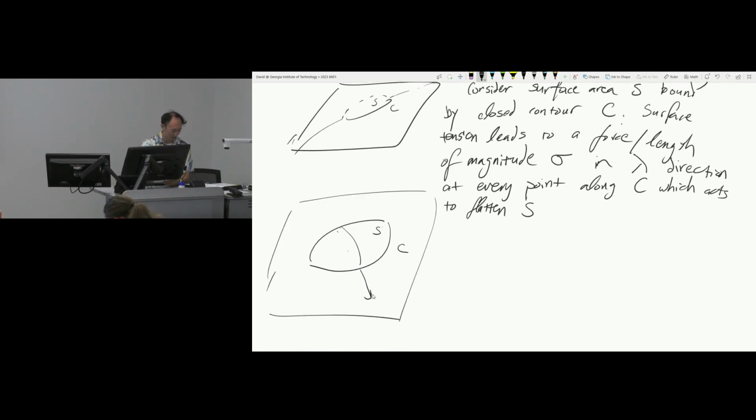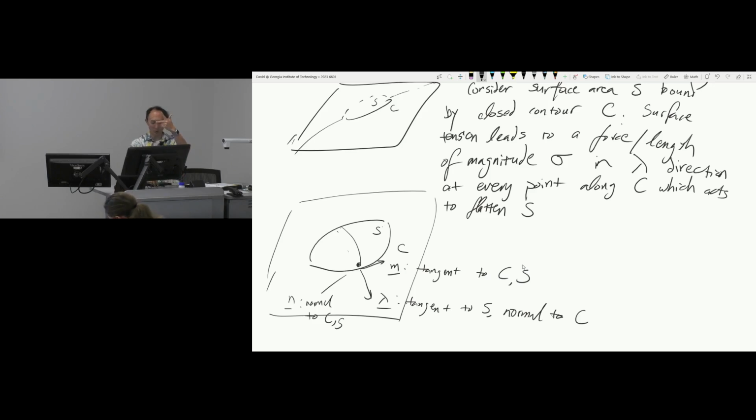There's lambda, which is tangent to S, normal to C. All right, there's one coming out of the page: N, which is normal to C and S. And there's M, which is tangent to C. But it's like if I were to take an orthogonal coordinate system and put it on the edge of the rising bubble, we're going to have these three vectors.